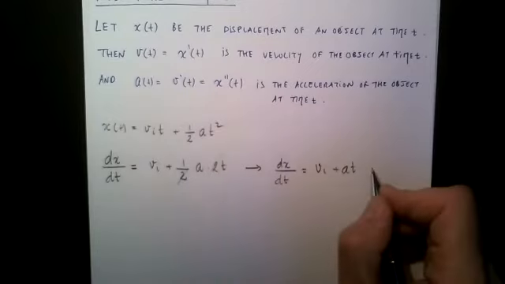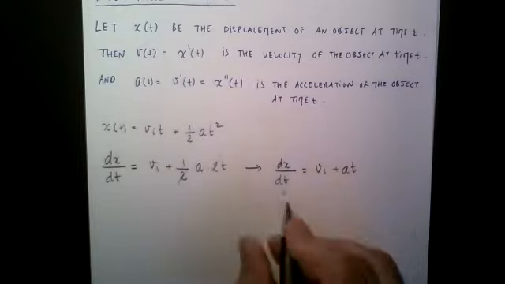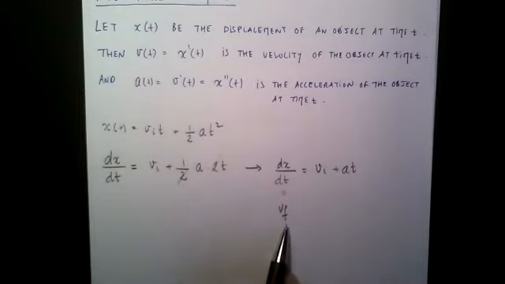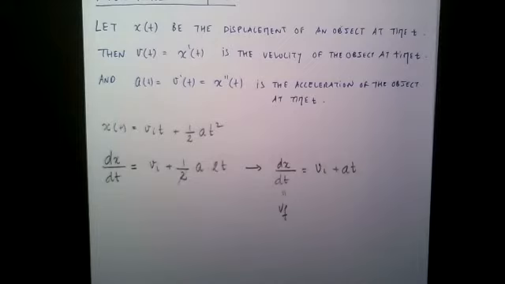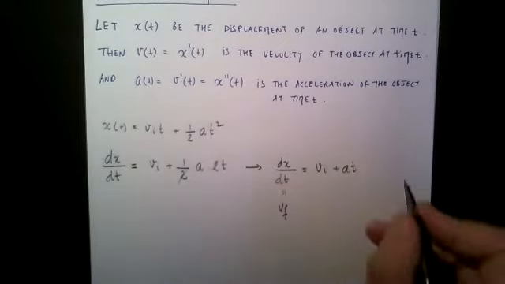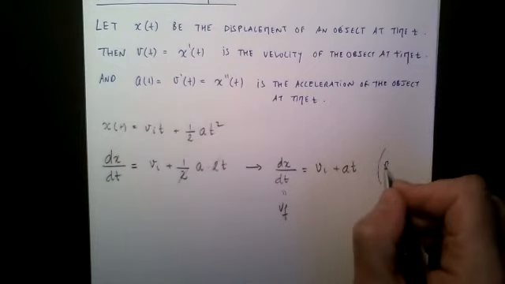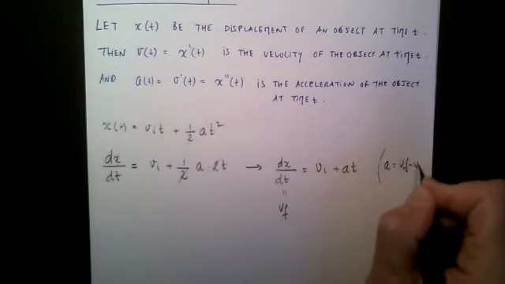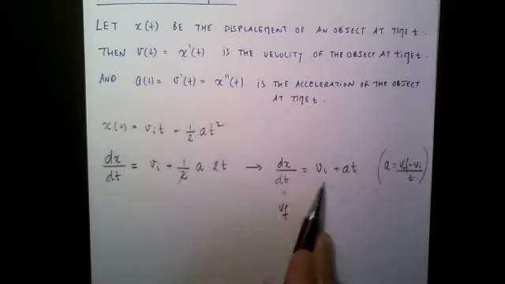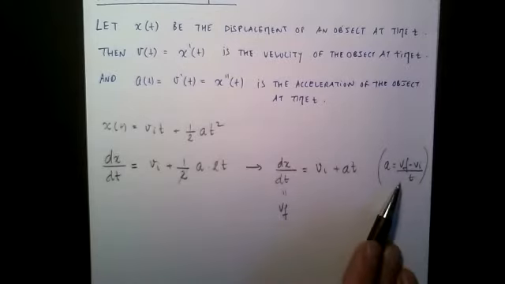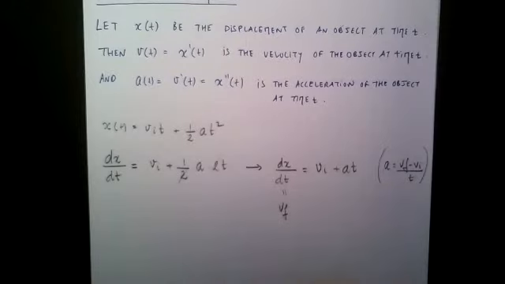This is what we called v_f. So the velocity at time t is the initial velocity plus the acceleration times t. You've seen this? Or you've probably seen it like this, a equals v_f minus v_i over t. Same thing. If you isolate v_f, you get this. Over delta t, or I don't know how your teacher calls it.